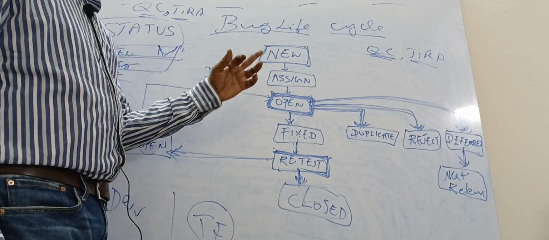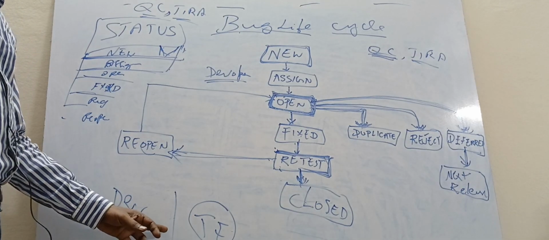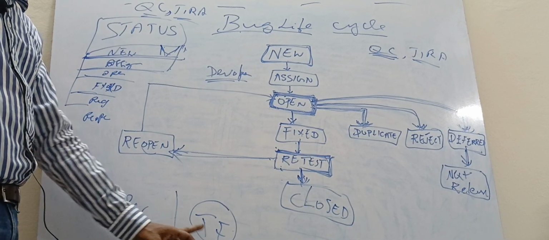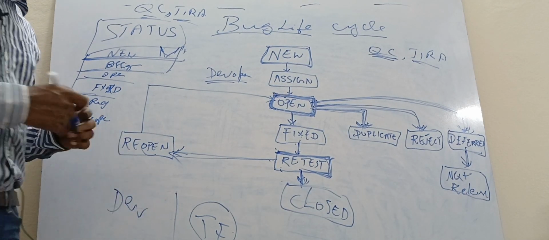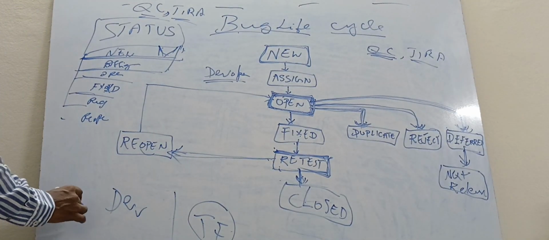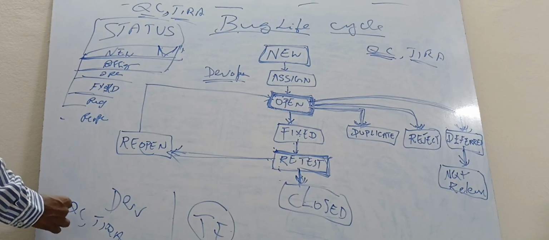In between the developer and test engineers, there will be one tool called Quality Center or Jira. Quality Center or Jira are defect tracking tools.